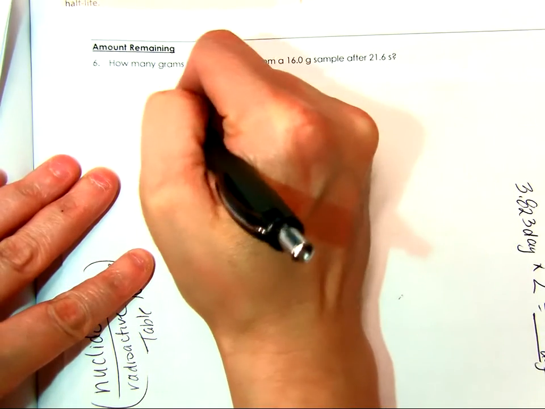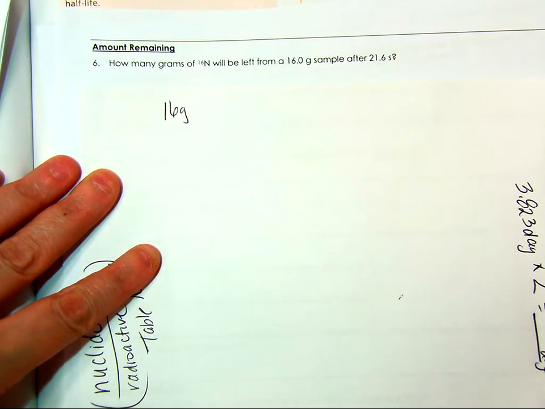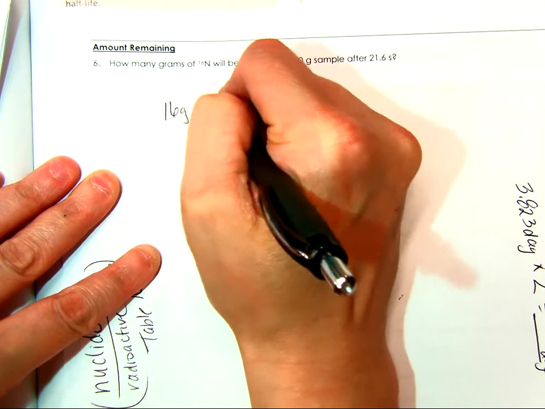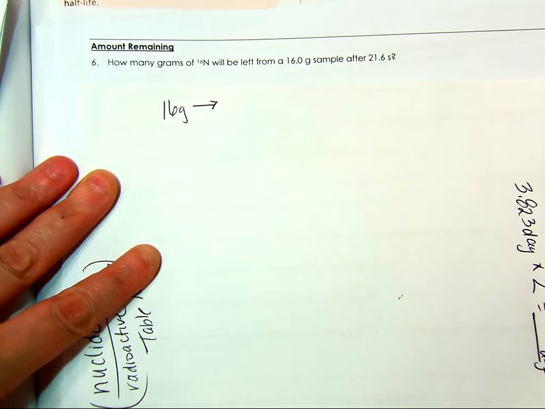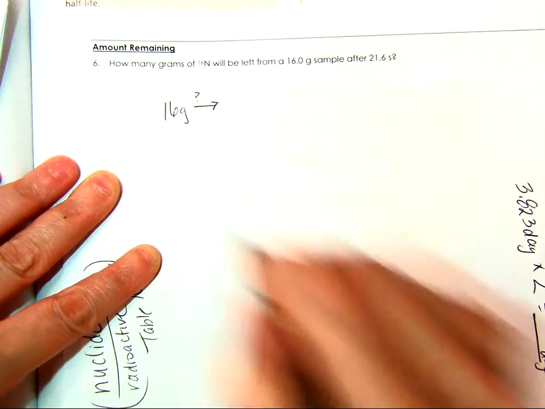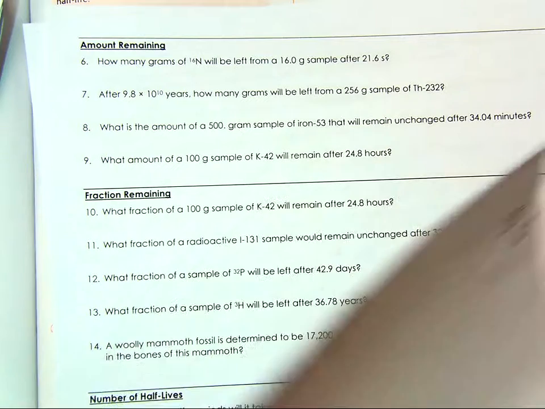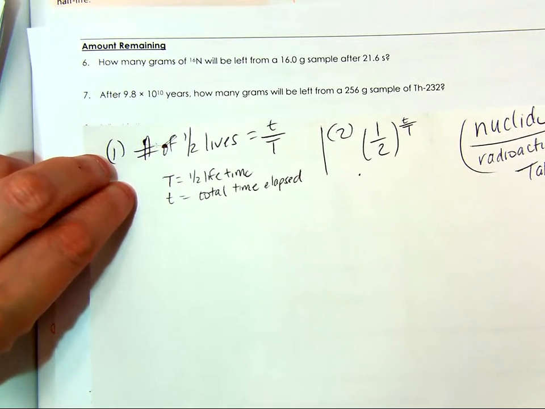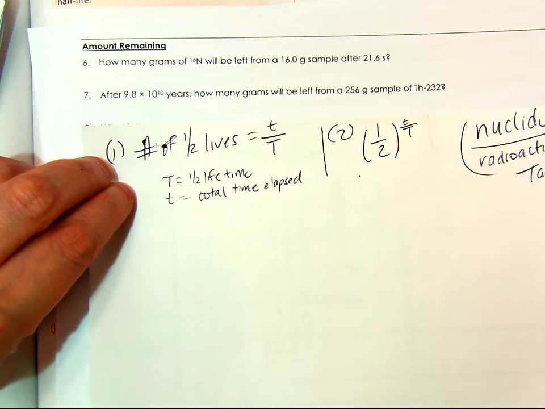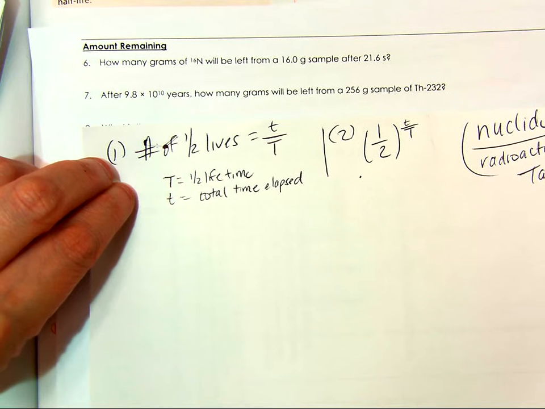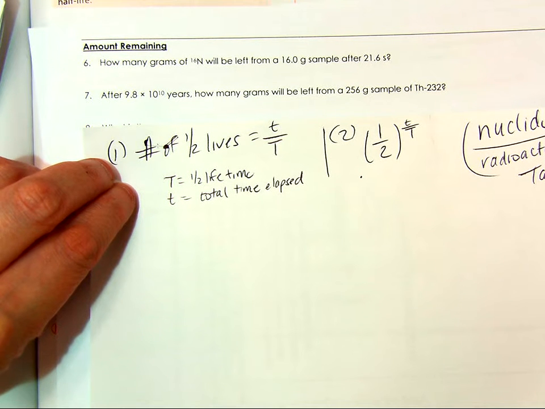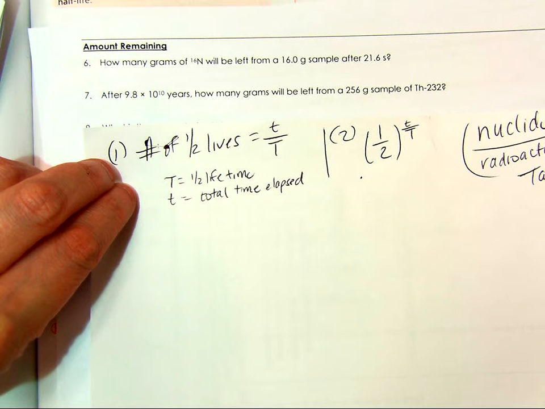If we started with 16 grams, we know there's going to be a half-life, but we don't know what the half-life is going to be just yet. So there is an equation to figure that out. That equation is going to be the number of half-lives equals little t over big T. Big T stands for the half-time, or the half-life time it takes for half the sample to decay, and the little t is the total time that's elapsed.